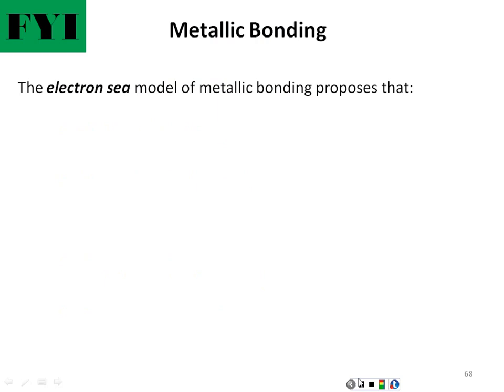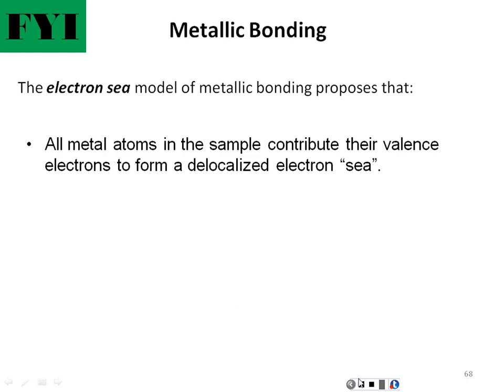So as we talked about, the third flavor of bonding is metallic bonding, and this is an electron sea swimming amongst a cation. So all metal atoms in the sample contribute their valence electrons to form a delocalized electron sea.